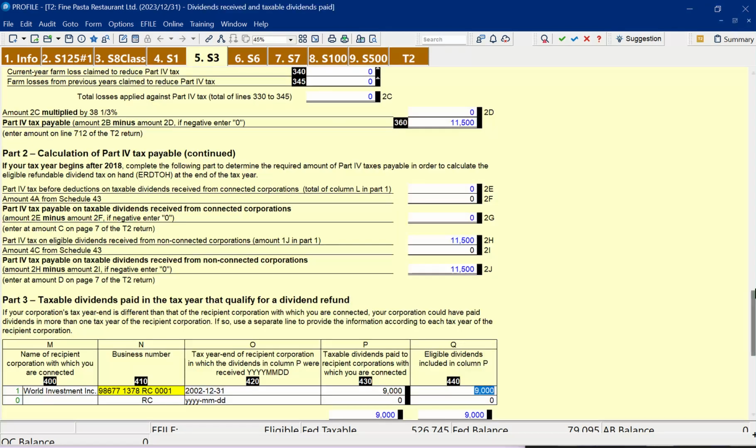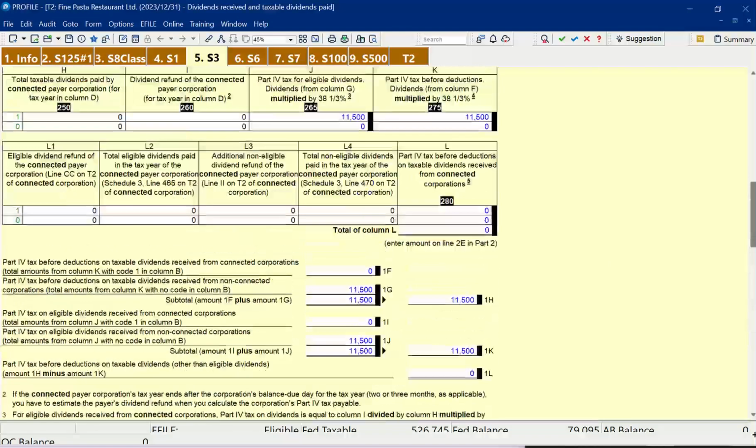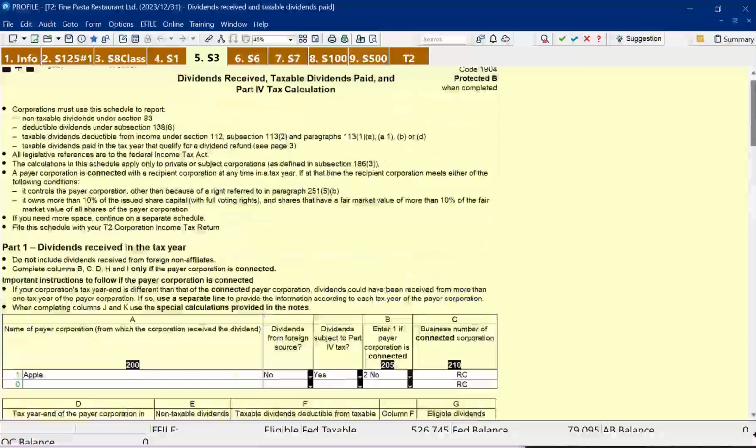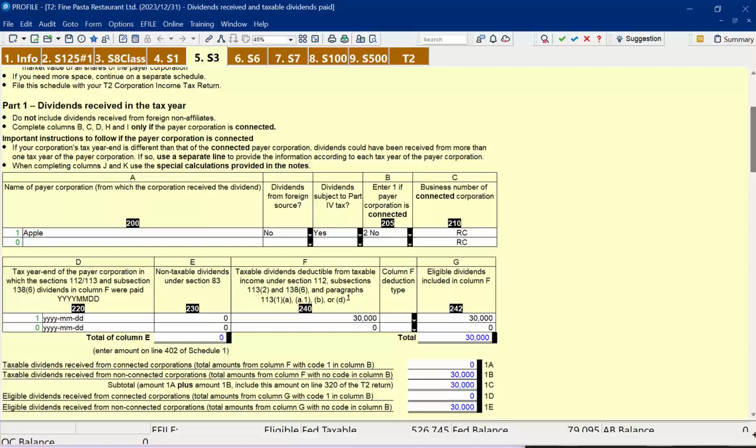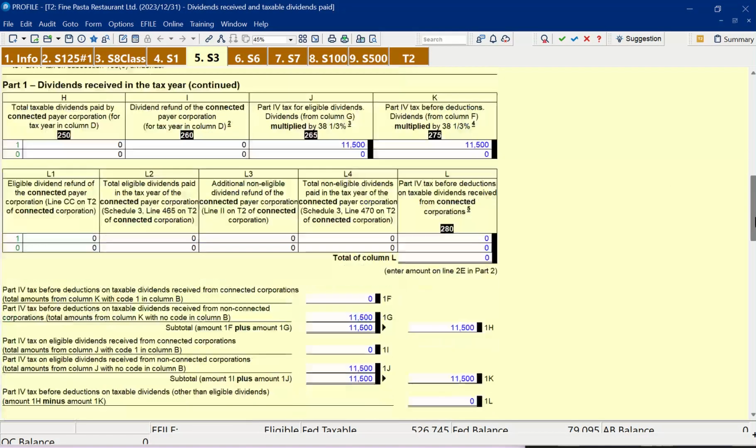In Schedule 3, remember, we received a dividend from Apple. You can see it over here where my cursor is. We received $30,000, and that's the dividend we received.